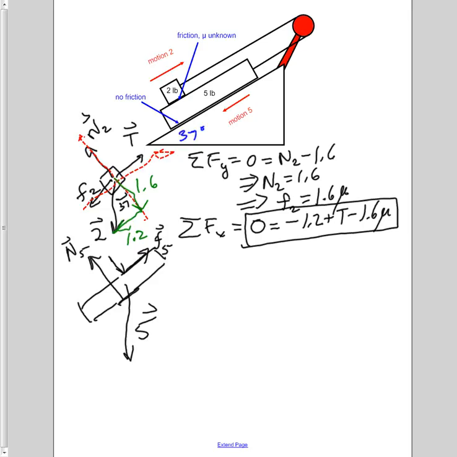And this one, let's just call that N2 prime. Basically you see what's happened is we have chosen another body, and we have gotten 1, 2, 3 more forces. So we're getting into a little bit of trouble here, because we had one equation and 2 unknowns.